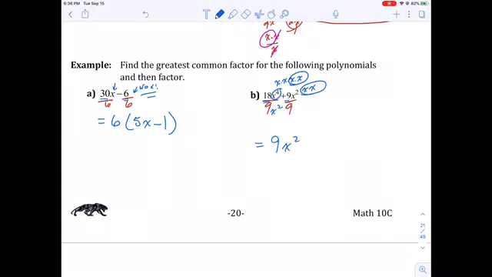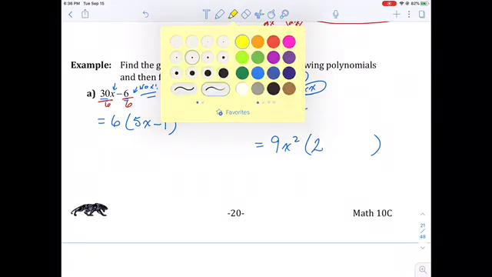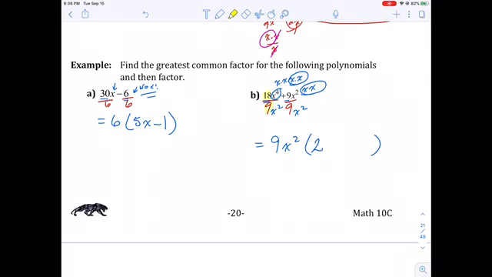So we're dividing by 9x squared when we put our GCF there, and 18 divided by 9 is 2. I'm just following along here. 18 divided by 9 is 2, and x to the 4 divided by x squared is, of course, x squared, right? Because that's x times x times x times x divided by x times x. 2 of those cancel with 2 of those, and we're left with x squared.